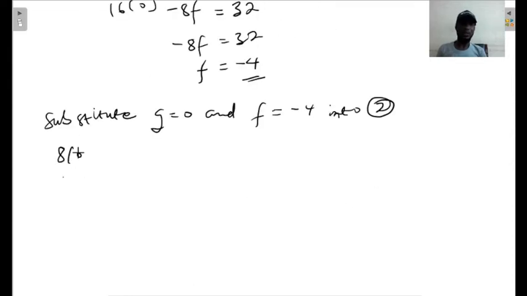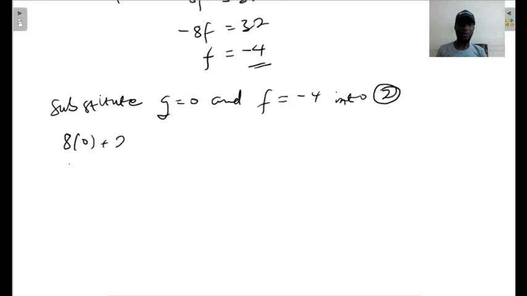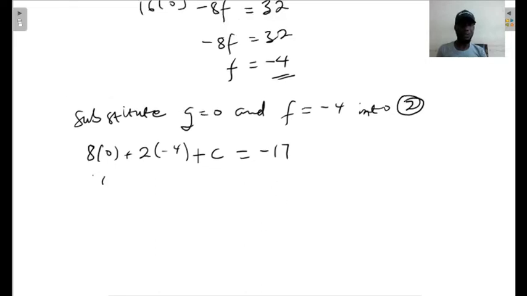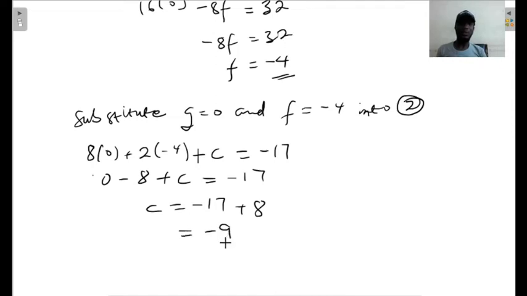Eight times 0 plus 2 times our F is negative 4 plus C equals negative 17. This will give us 0 minus 8 plus C equals negative 17. So our C will be equal to negative 17 plus 8, and that will give us negative 9. Wow. So that is a very long one.